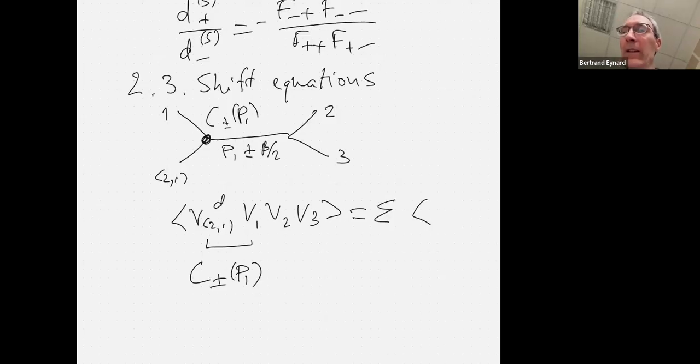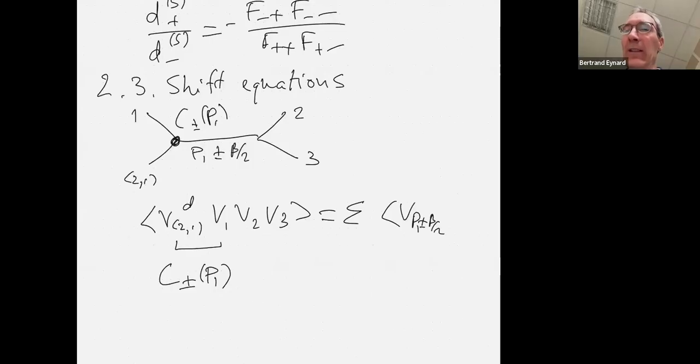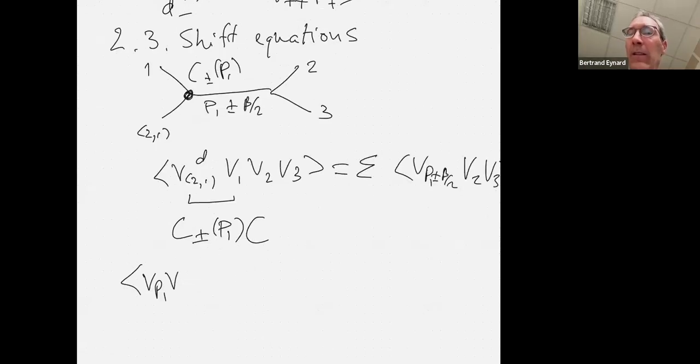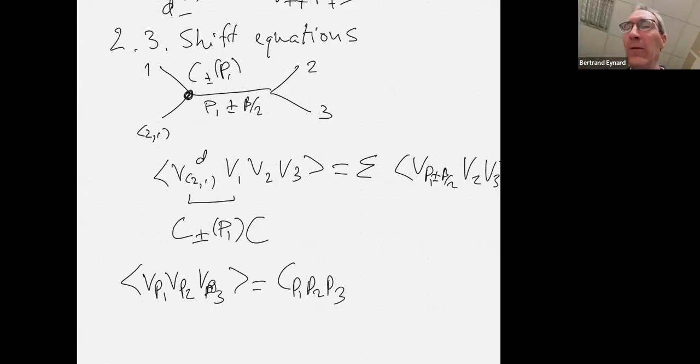So here you will get C, which is a three-point structure constant. So let me define this notation: V_{P1}, V_{P2}, V_{P3} is proportional to C(P1, P2, P3).